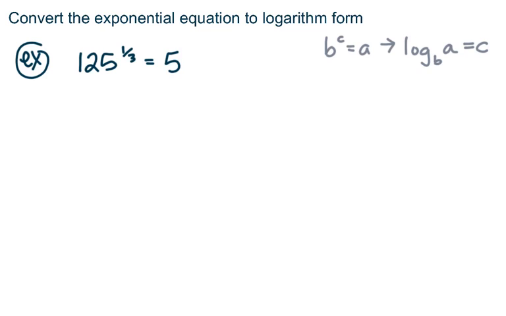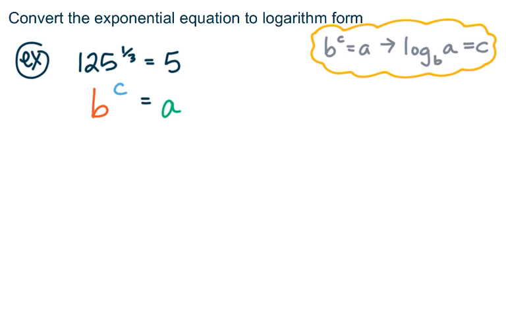And for our first example, we're given 125 to the 1/3 power equals 5. Over here on the right of the screen, I've written our conversion formula. We can convert exponential to logarithmic. So keeping this in mind, this is the same as writing b to the c equals a, which converts to log base b of a equals c.